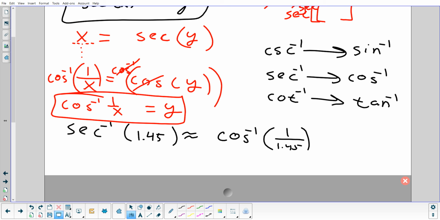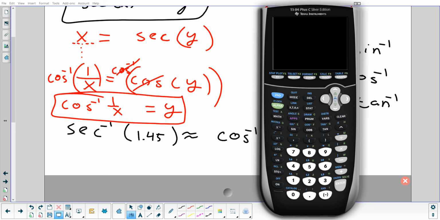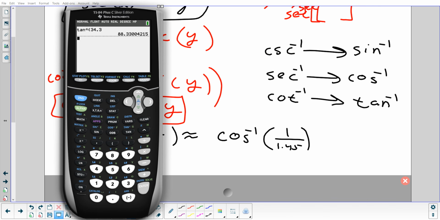You're only flipping the number that's inside. And now we have this in a format you can type in on the calculator. All right, so inverse cosine, 1 divided by 1.45. It's 46 point, we'll say 46.40.